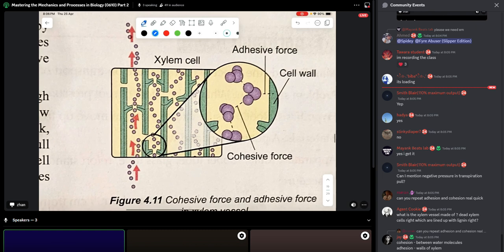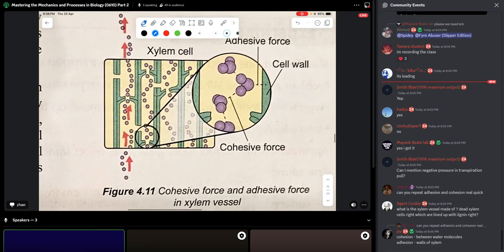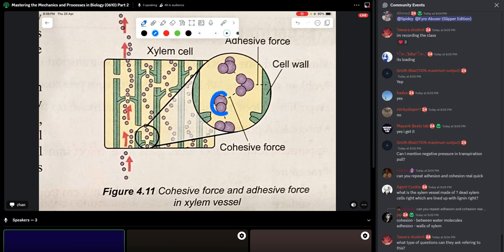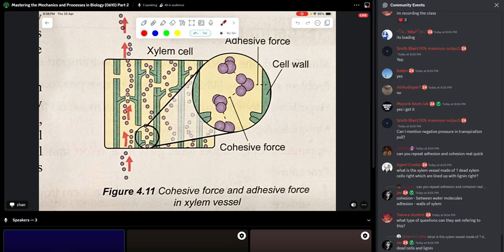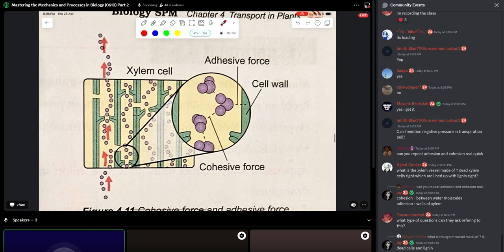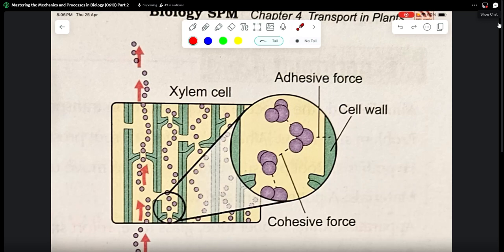So cohesive force, which is cohesion, is between one water molecule with another water molecule. Do you understand that? And adhesion is between one water molecule with the wall of the xylem. Okay? Is this making more sense now?